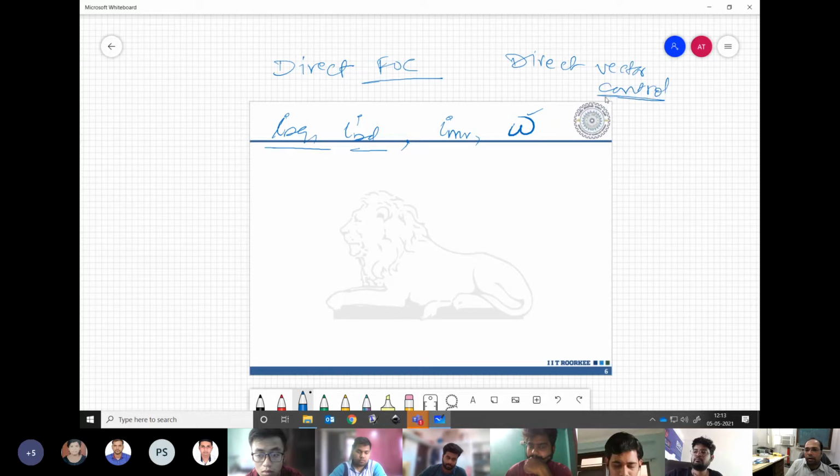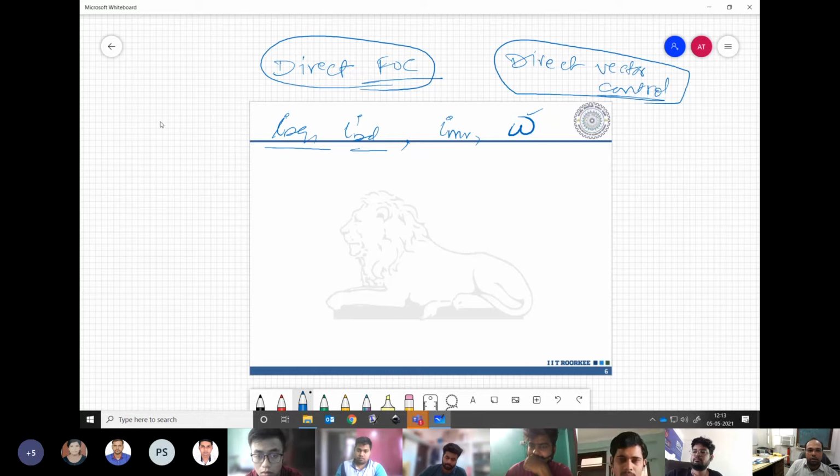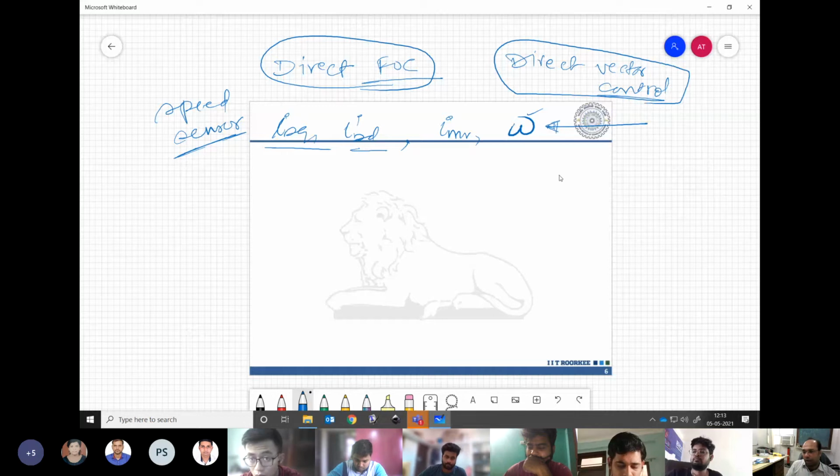The meaning of direct is that we have access to the speed sensor, which is mounted on the motor, and we have information about omega. So we are not worried about how we are computing this omega, the omega mechanical, in electrical radians per second.